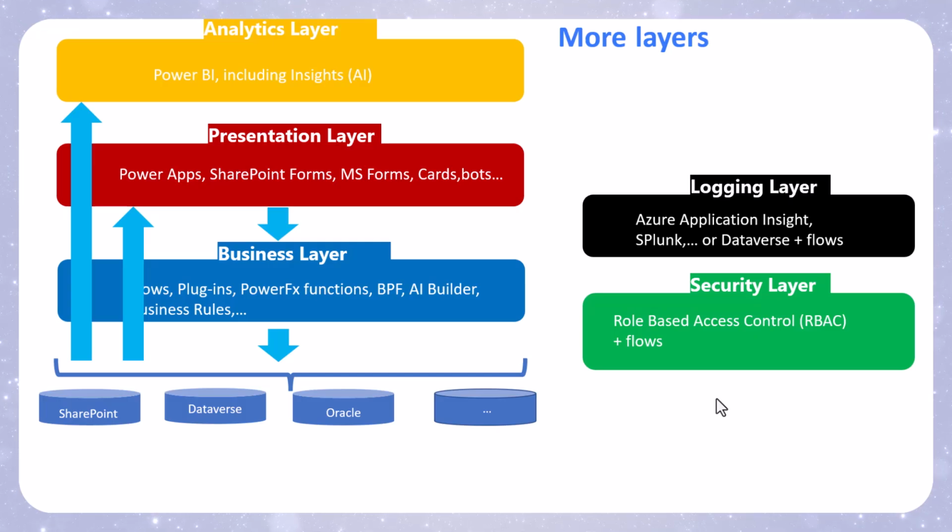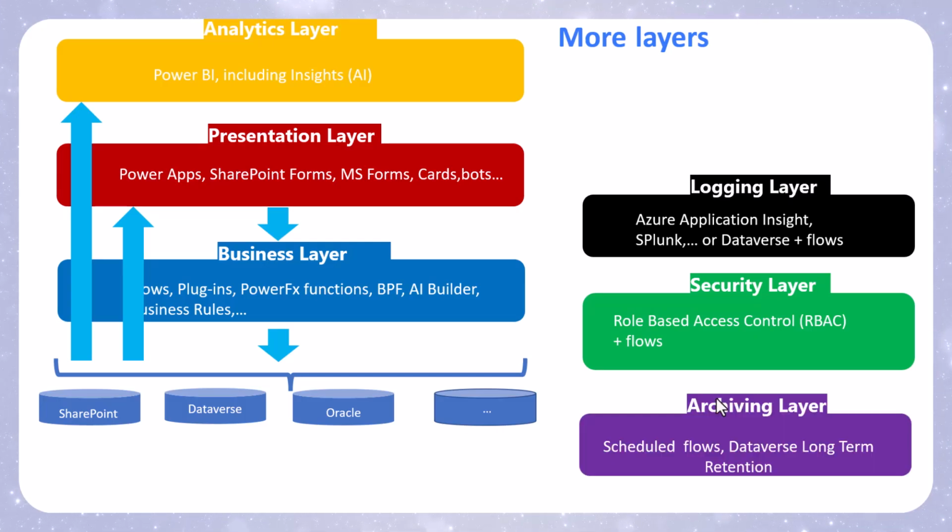Basically, the security layer makes sure that people can only see their own data. And people forget the archiving layer, because information is created, consumed, but there is a retention somehow. The retention policy is managed by the archiving layer, and usually we can implement that by writing some scheduled flows, but we can also leverage the Dataverse long-term retention.